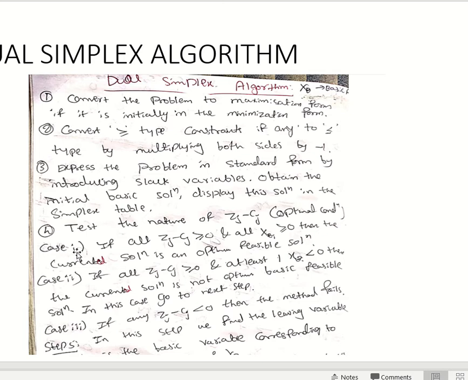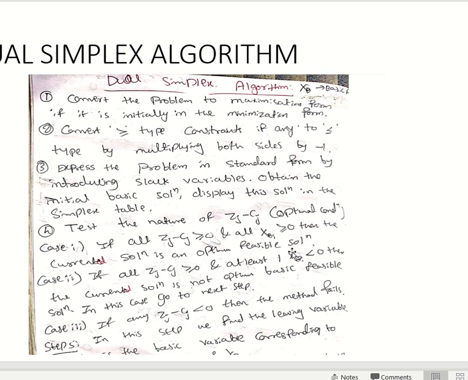That is case 1. If all zj minus cj are greater than or equal to 0, or positive, and all xb, what is meant by xb? The basic feasible solution, which is positive, then the obtained solution is an optimum feasible solution.